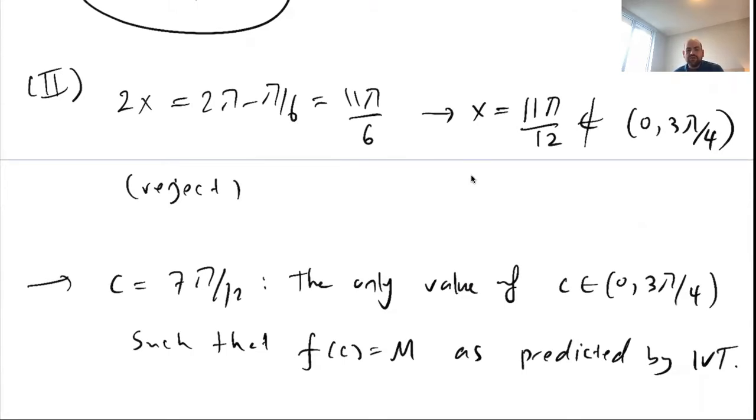So in this example, we also found one value for c, that f of c equals m. Previous example, we also found only one value.